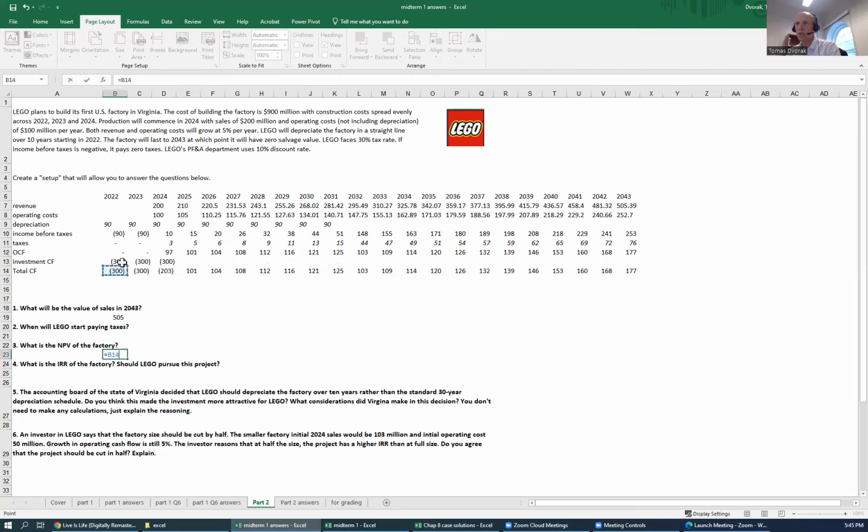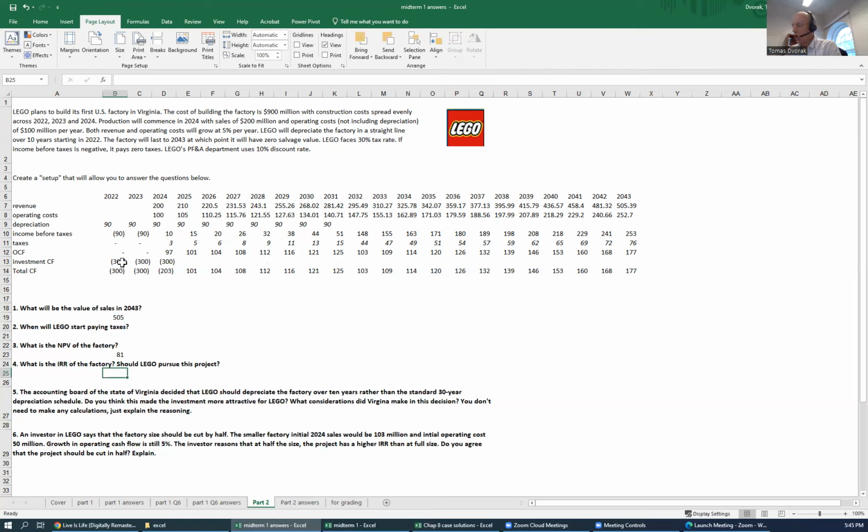We know that the first cash flow we have to add manually, and then we're going to do NPV at a 10% discount rate and the array of all the remaining cash flow. Oops. It's giving us 81 million. So there's a positive NPV of the factory of 81 million.